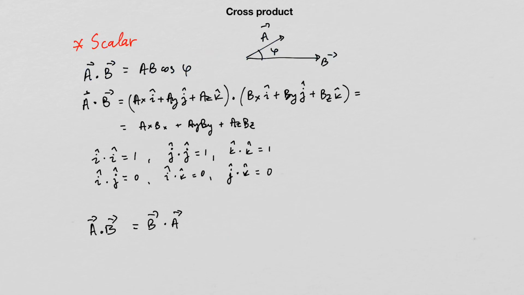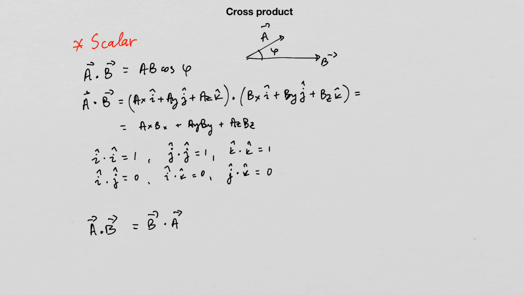So let's summarize. The dot product of two vectors A and B with an angle phi between them is a scalar quantity. So the dot product A dot B is equal to the magnitude of A times the magnitude of B times the cosine of the angle between them. This is a result that can be calculated when you know the magnitude of A and B and the angle between the vectors.